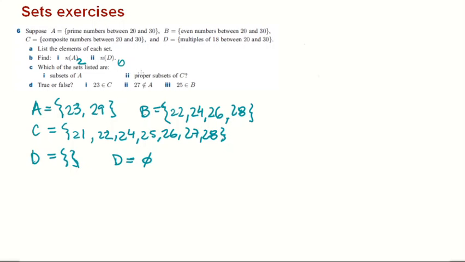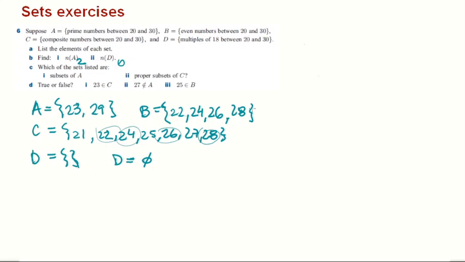What about a proper subset of C? If you have any elements here represented in another set, it's a proper subset. So for example, set B. Can I make set B out of elements of set C? I have 22, 24, 26, and 28.